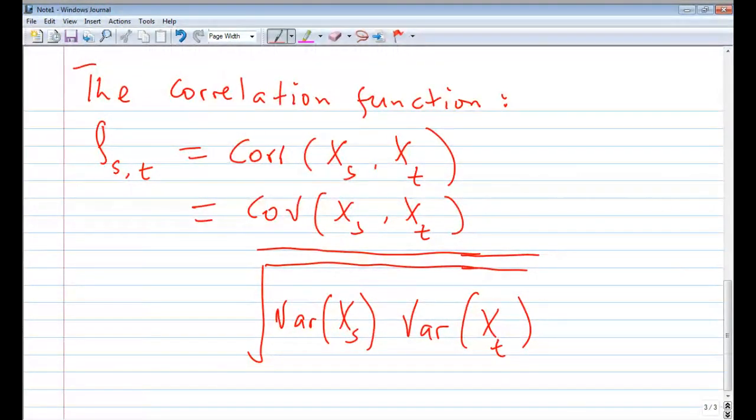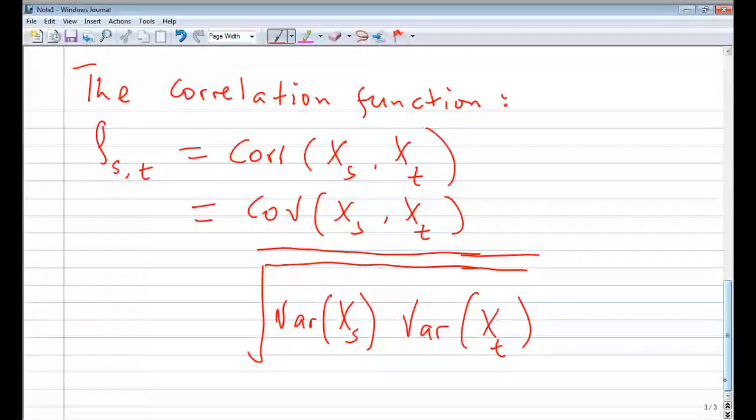The correlation function rho ST, which is the corr of XS XT, is equal to the cov of XS XT divided by the square root of the var of XS times the var of XT. That is the formula which you can use to calculate the correlation function of ST under stochastic processes. Okay, I think we are together in this regard.